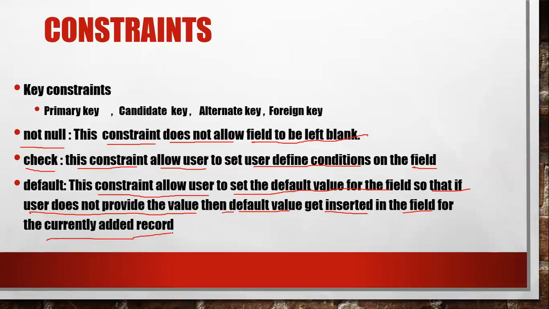I hope you are clear that when we add a record and don't provide a value for the field on which the default constraint is set, it will automatically take the default value. But if I provide some value, the field will take the value provided by the user. These are some constraints which must be understood before creation of the table.